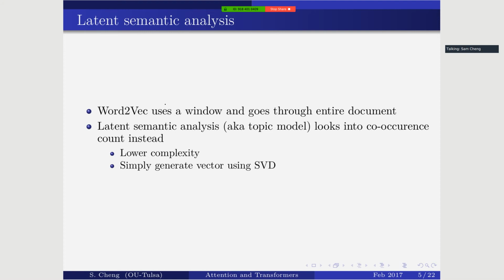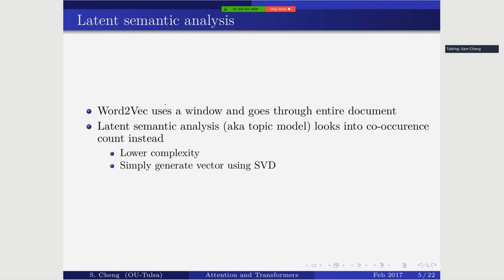So it looks like this is not very efficient, and if we are just counting co-occurrence, why don't we just count it once and then store all the statistics, so we don't need to store lots of text.